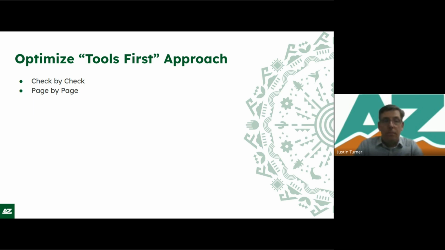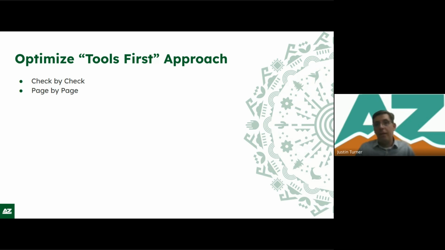The other kind of tool approach you can take in Optimize is going page by page. With this approach, you're going to fix all the errors on one page at one time, and you do it page by page. This approach is much better for more advanced users. People are used to the Optimize system, understand accessibility, who know about all the different checks and how to fix them.